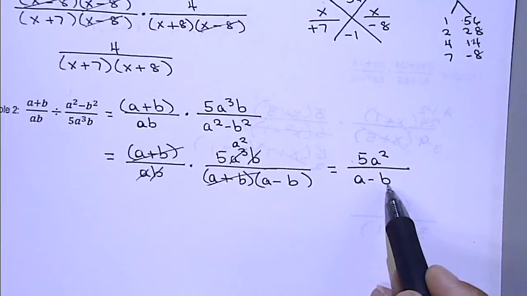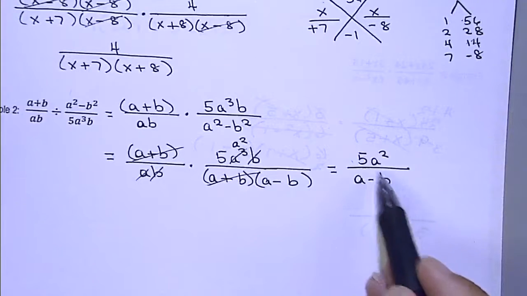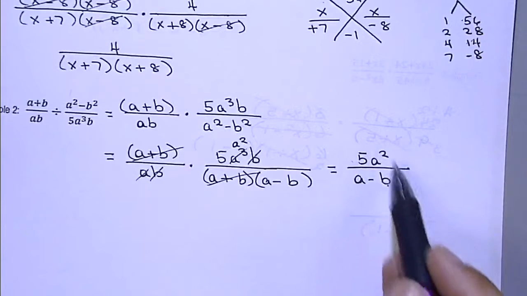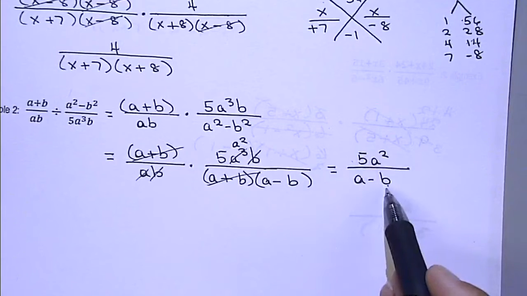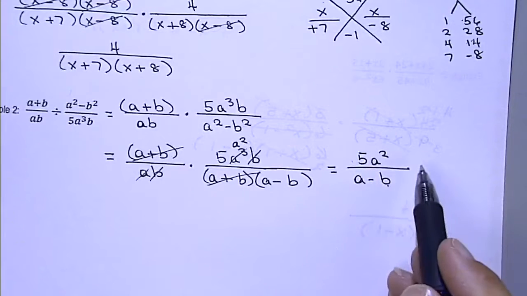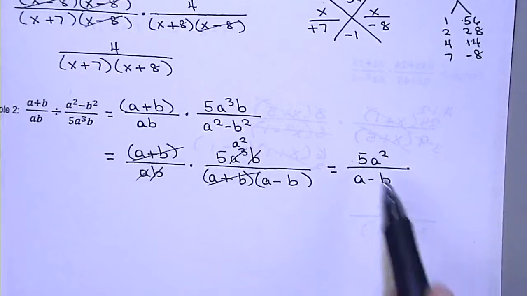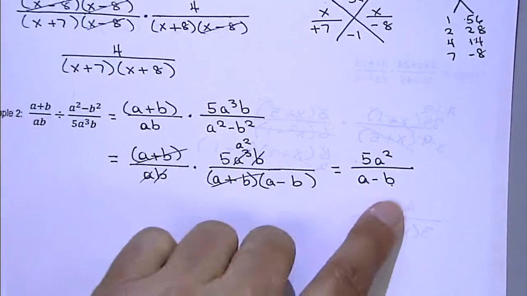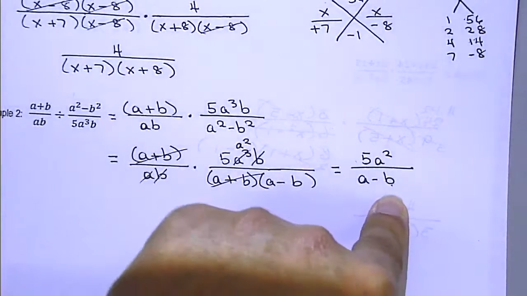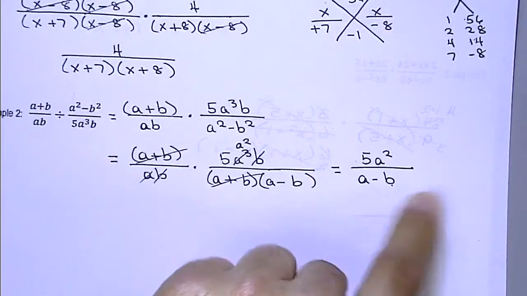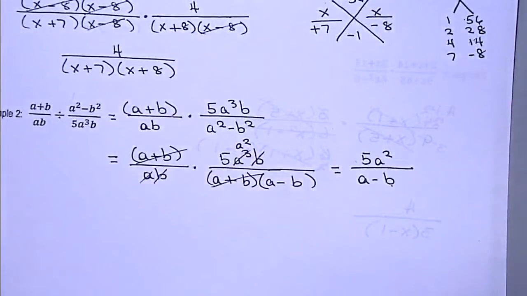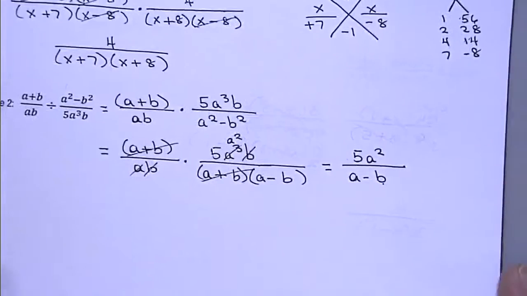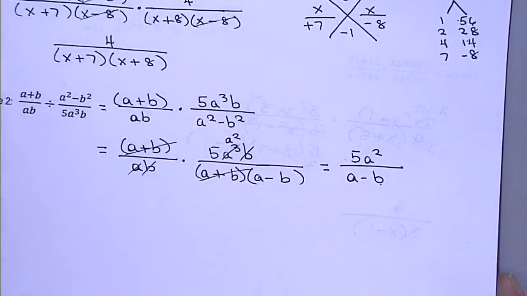This is not. Do you understand? What helps us, what allows us to reduce? Everything multiplied. If it is not, you cannot unless every term reduces. In other words, this one and this one and this one would all have to have an a in them. And that b, negative b, does not. Do you understand? Okay? So the only thing you're going to be able to reduce is all multiplications, or if they all have the common factor.